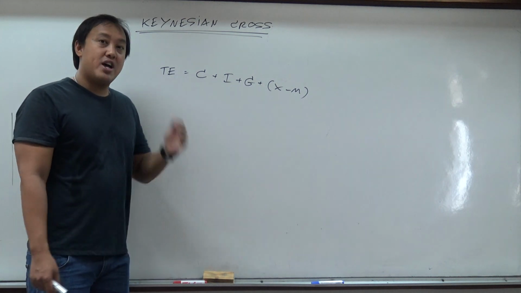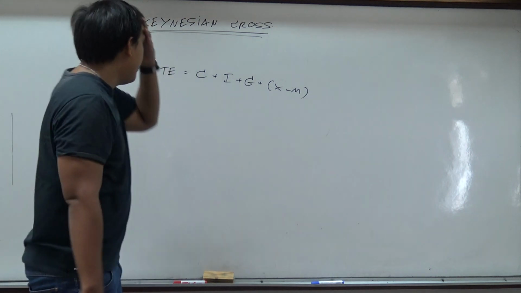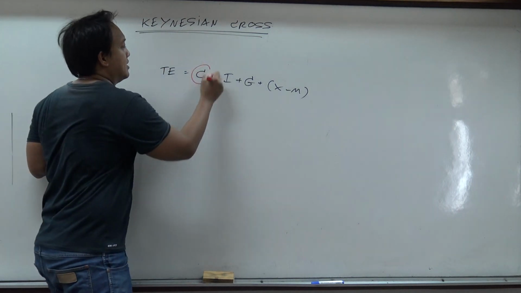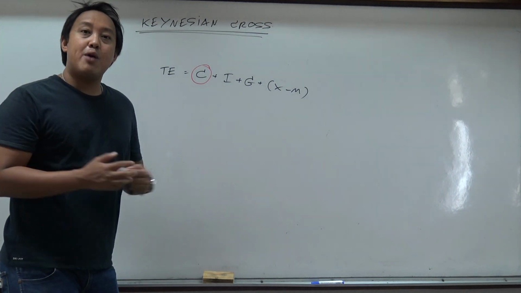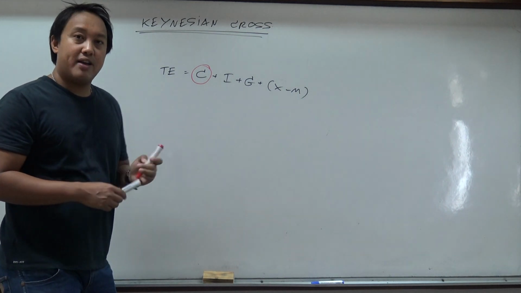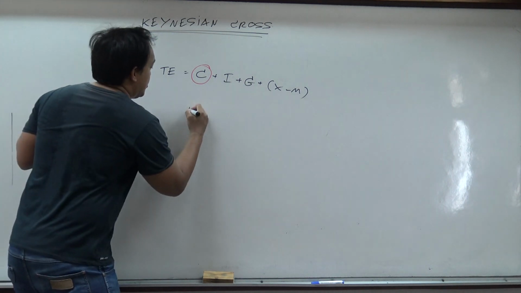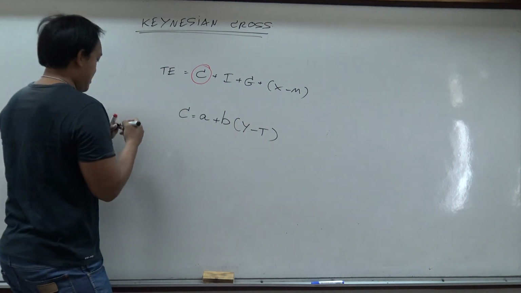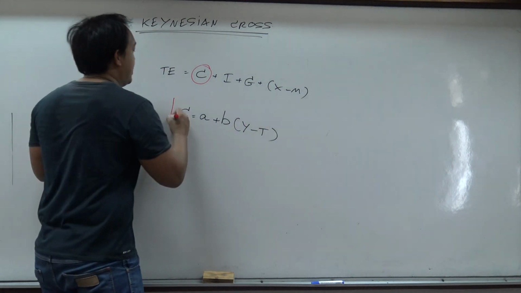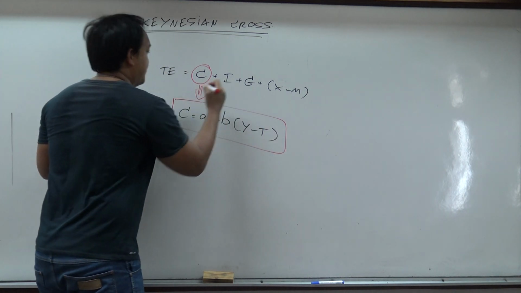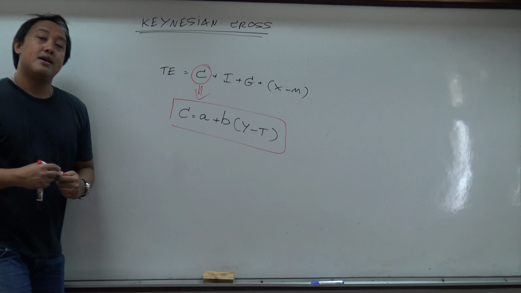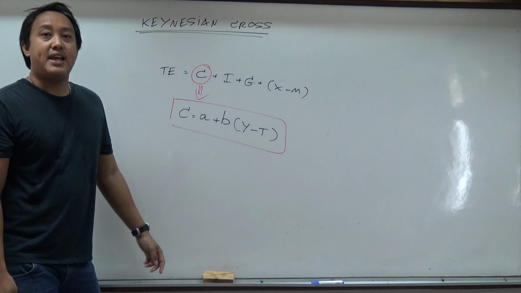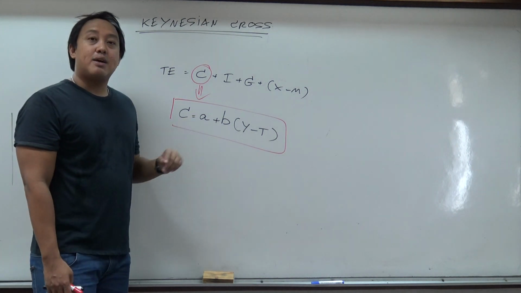Okay, total expenditure. One by one, we're going to talk about consumption first. If you still remember, we talked about the consumption equation before: C equals A plus B, Y minus T. This is the consumption equation.